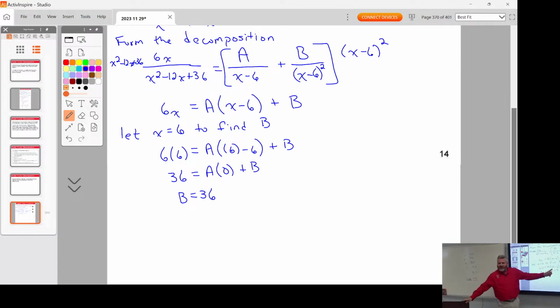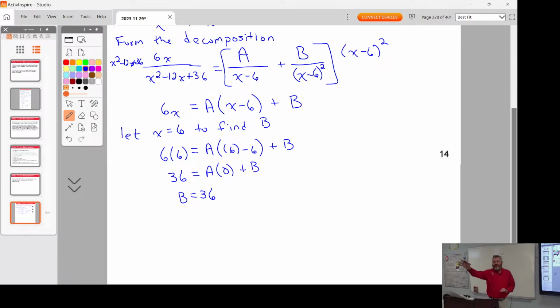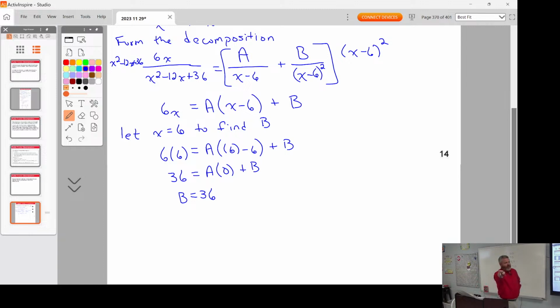If every one of you chose a different number for x, as long as B is 36, I guarantee we will all get the same value for A, assuming you did the math right. You wanted to do 1, do 1.